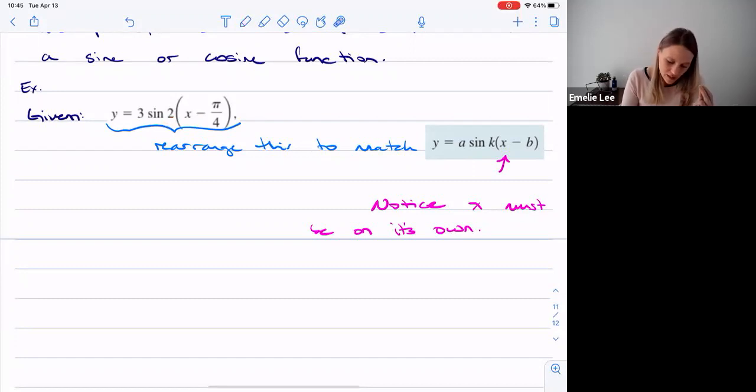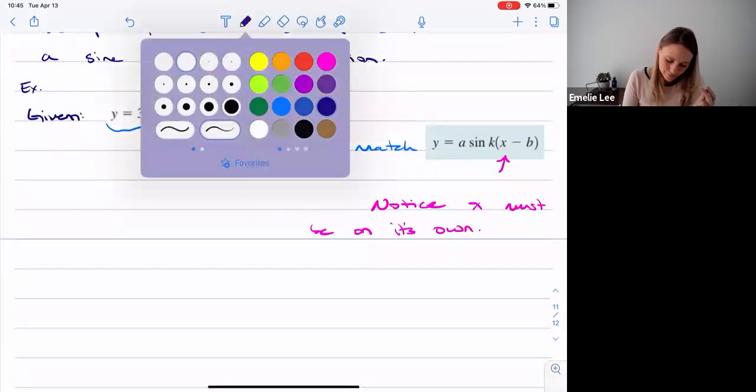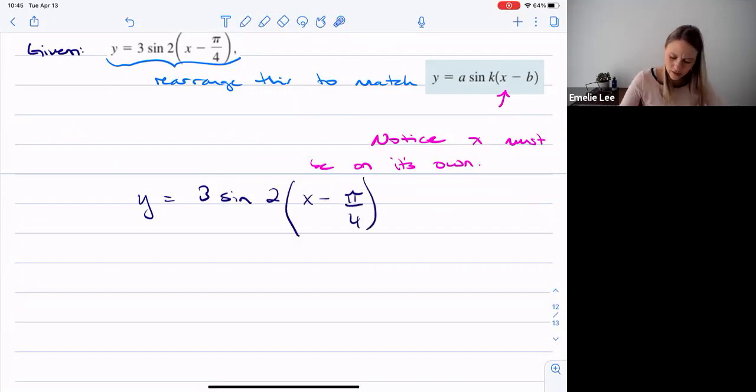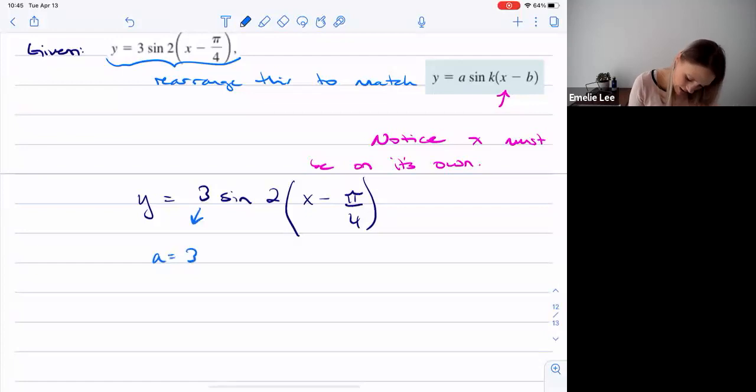But in this case, right, I've got, okay, I can rewrite this. So I've got y equals 3 sine times 2 of x minus pi over 4. So if I have to match these things, I see that a equals 3, k equals 2, and it looks like b, I can just write b as pi over 4.